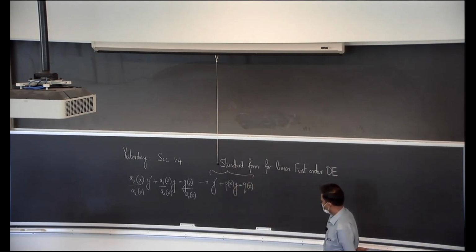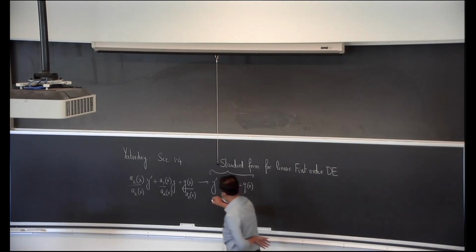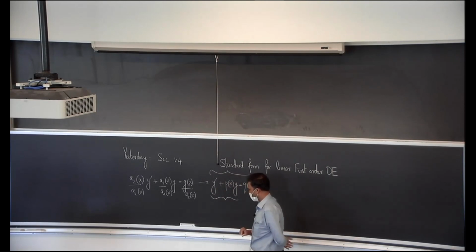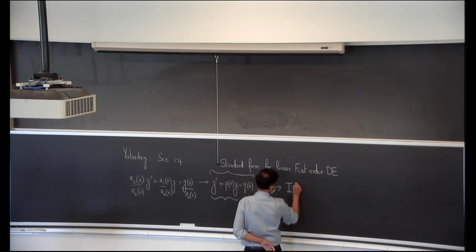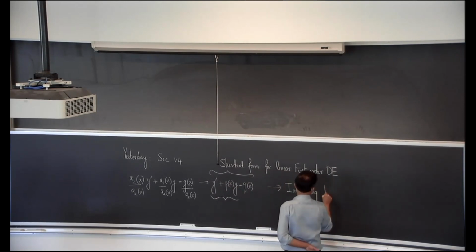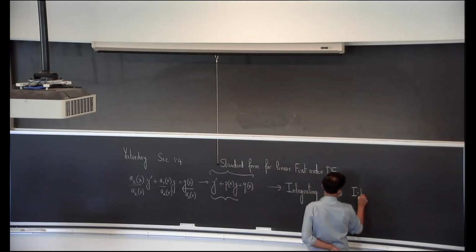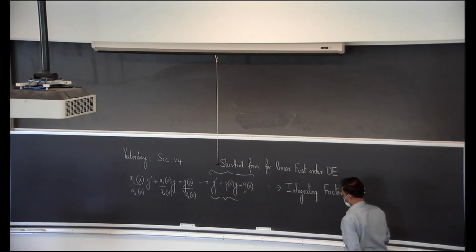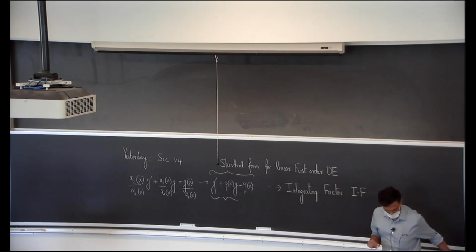So the only way to do this without going insane is to combine these two into a single derivative, and that is why we looked at the possibility of an integrating factor. All these were discussed yesterday. I'm just trying to help you recall what we were doing.